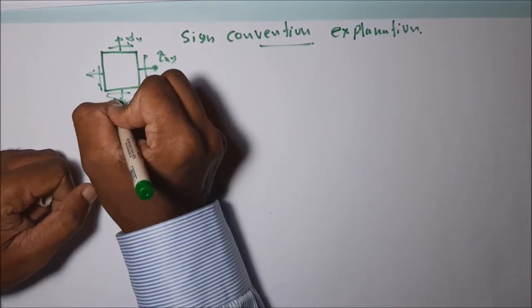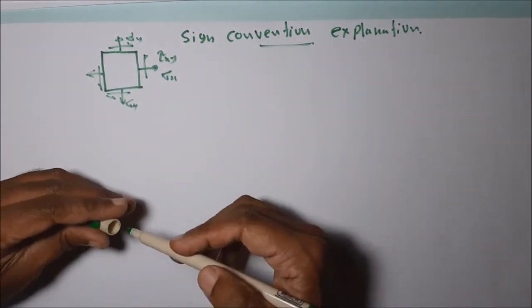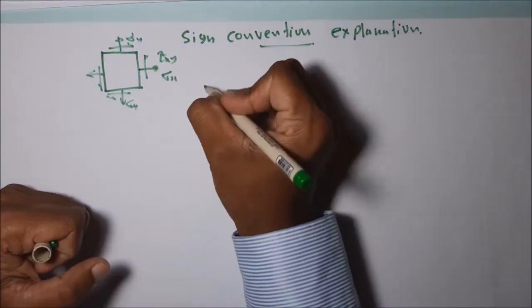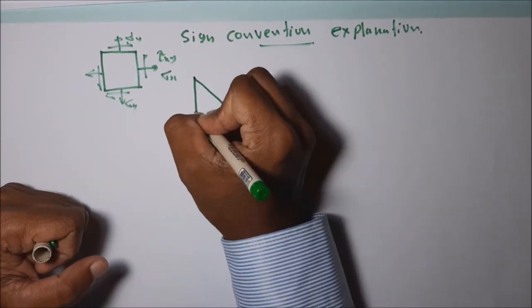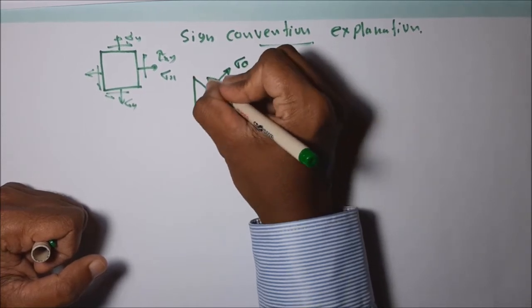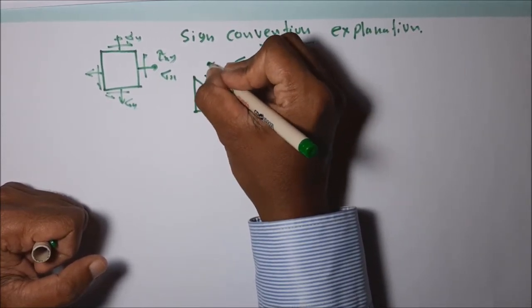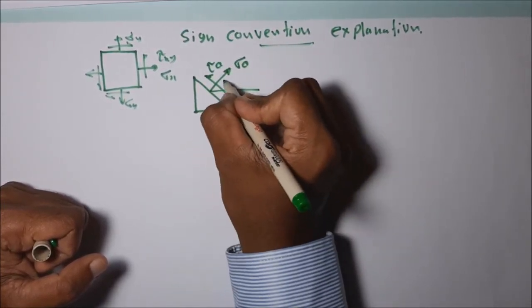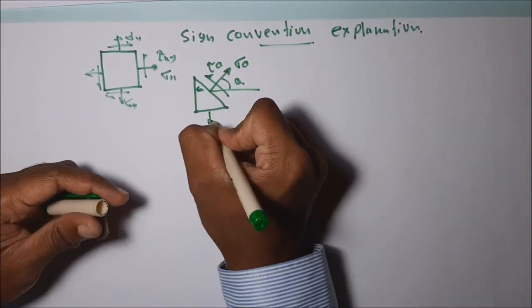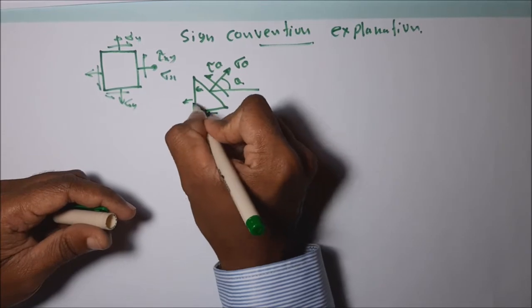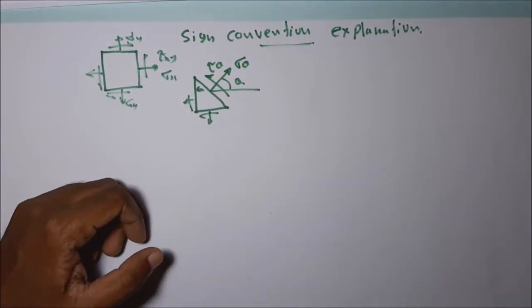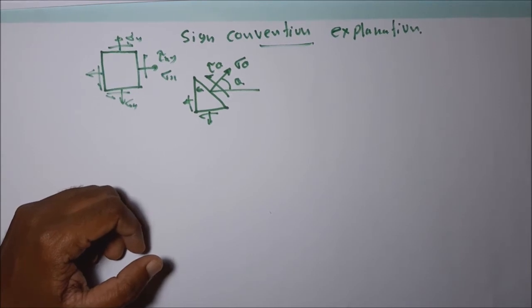This is our plane stress problem. Then we are going to find the stresses on this kind of inclined plane, sigma theta and tau theta, with inclination equal to theta.